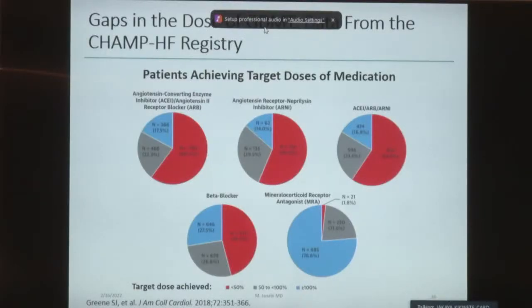Now, I'll show you this study. Don't feel bad. It's not only you, but let's look at this study. It looked at the gaps in the dose which follow guideline-directed medical therapy. It was a huge registry called the CHAMP Heart Failure Registry. The color red tells you more than 50% of the patients didn't receive the required dose. The gray is between 50 and below 100, and the blue is 100%.